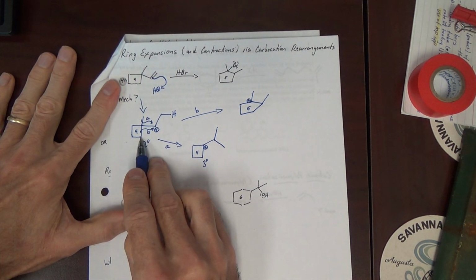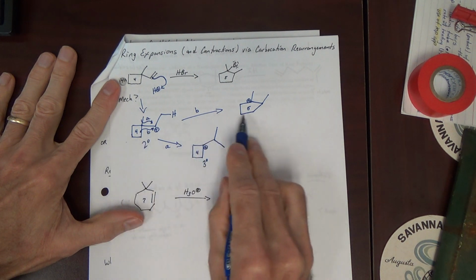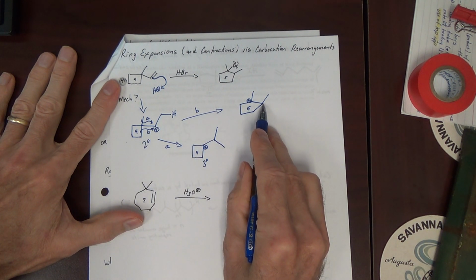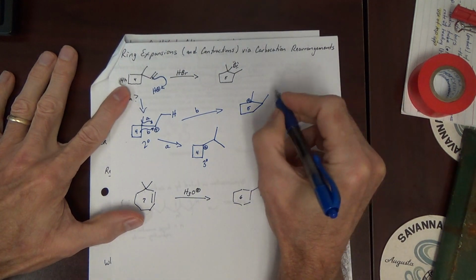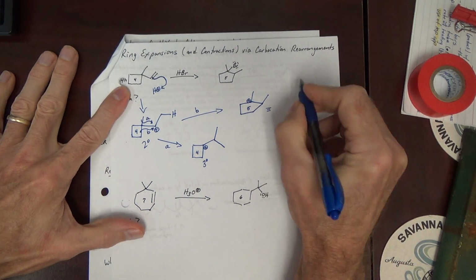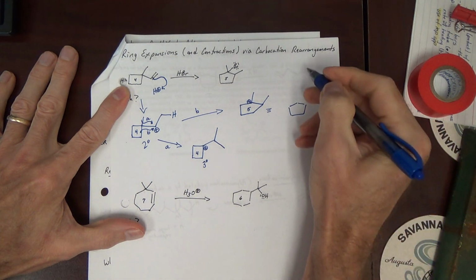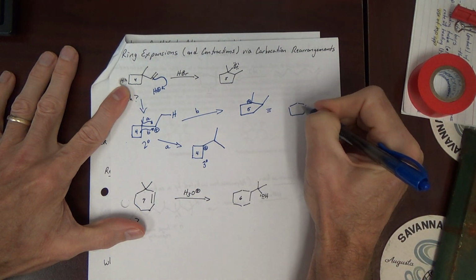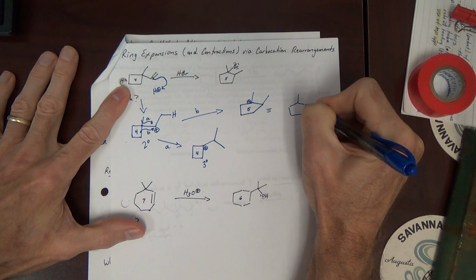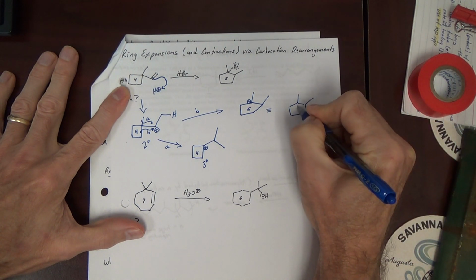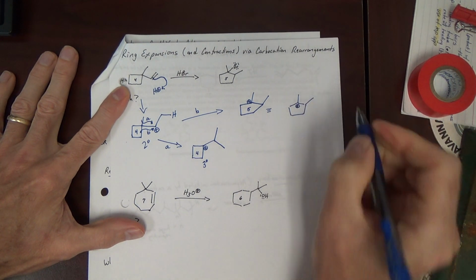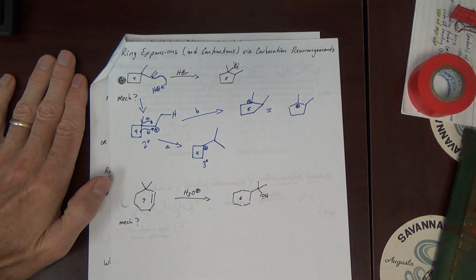This carbon is no longer bonded to that, but this carbon is now bonded to that carbon. Now if I redraw this as a nice 5-membered ring, it's a cyclopentane with a methyl and a methyl, and that carbon has a positive.